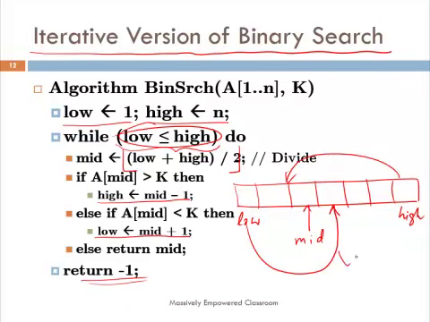That means we either consider this half or this half. Keep doing that repeatedly, and we can solve the binary search problem without having to make recursive calls to the algorithm. This is just exactly the same algorithm implemented without recursion by simply manipulating these values of high and low, like we did here and here. Its complexity is also the same as that of the recursive version of the algorithm.